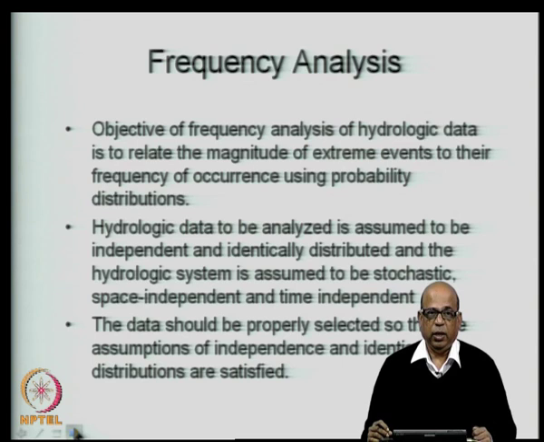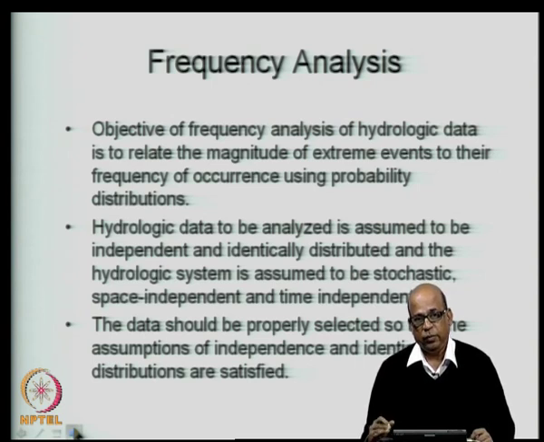Then what do we mean by identical distribution? Remember, we are talking of the same random variable here. We are not talking about x and y being independent of each other. We are talking about, let us say, flow at a particular location, and therefore, we have a time series of flows.